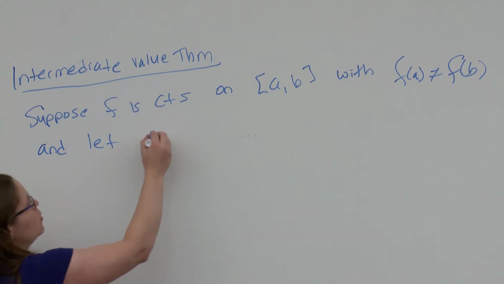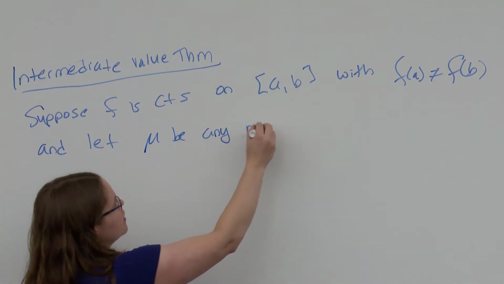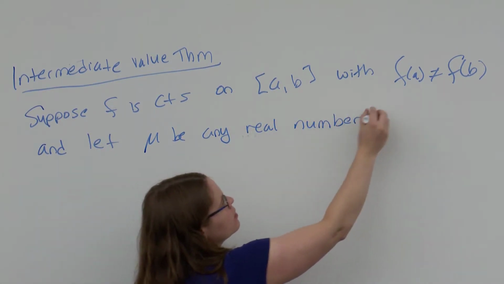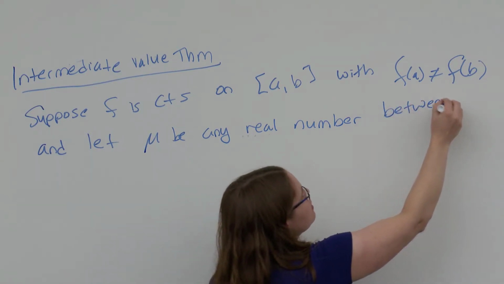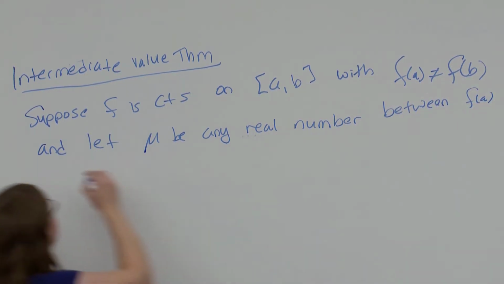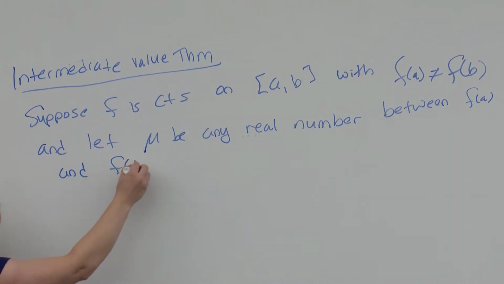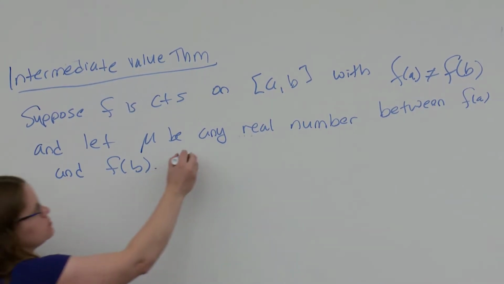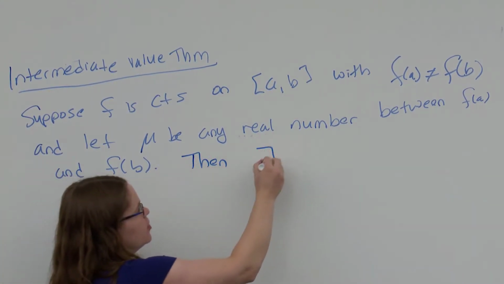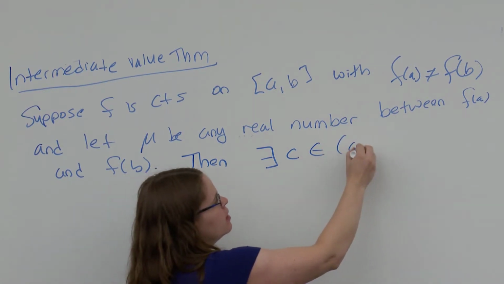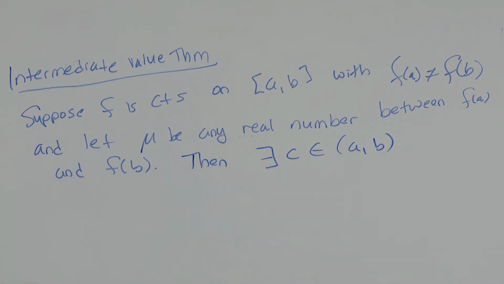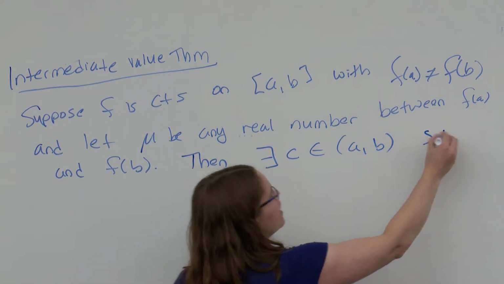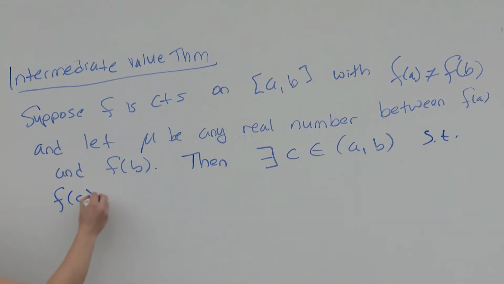So let mu be any real number lying between f of a and f of b. Then the theorem says there exists some c, some other value inside our domain, such that f of c is equal to mu.